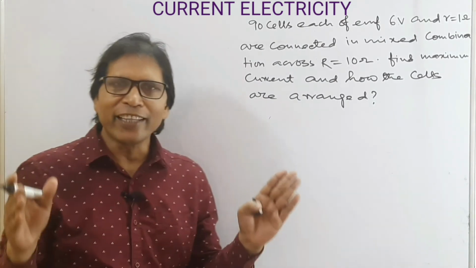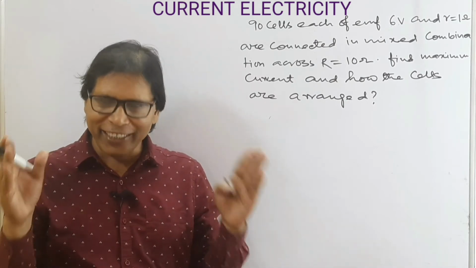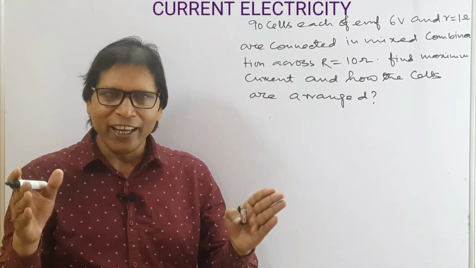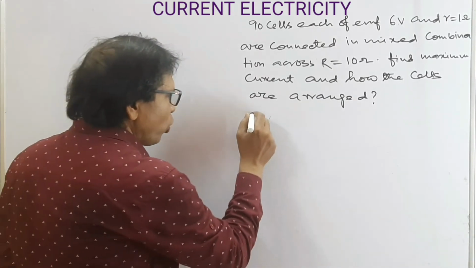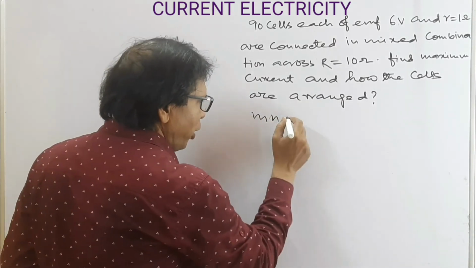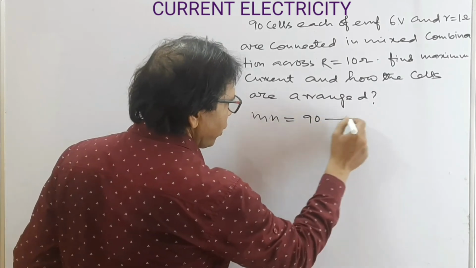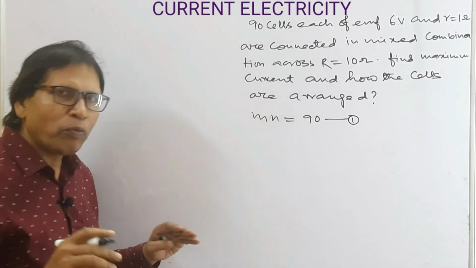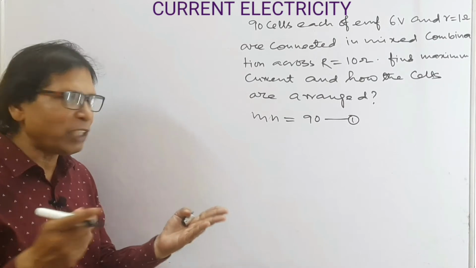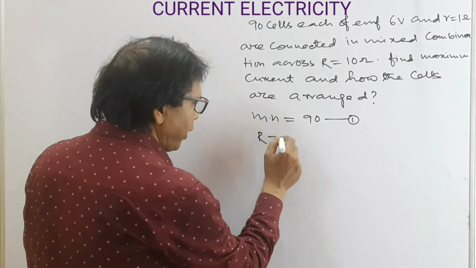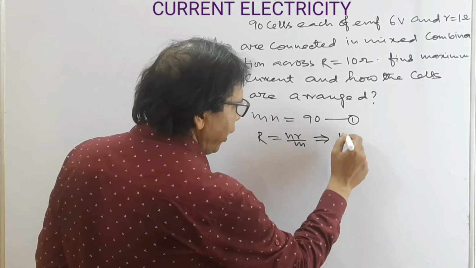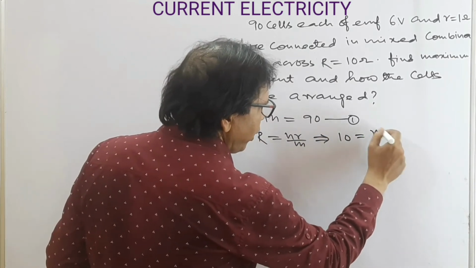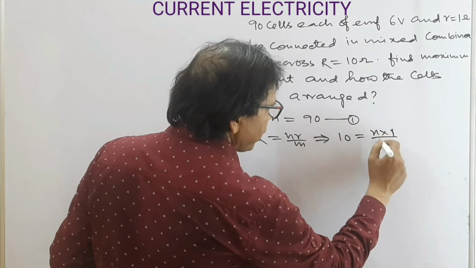Let the number of cells in each line be n and the number of lines be capital M. So the total number of cells m into n equals 90. Now the condition for maximum current: capital R equals nr by m. Here R equals 10 ohm and r is 1 ohm.